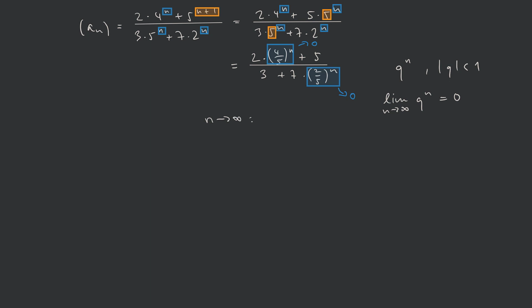So we get, well, the first summand in the numerator just vanishes because it's a 0 sequence. So 5 remains, and in the denominator, the 3 is remaining, and the other summand is vanishing because it goes to 0. So that is the limit of that sequence. Let's write that in a nice way. So we have lim n to infinity of an equals 5 over 3.